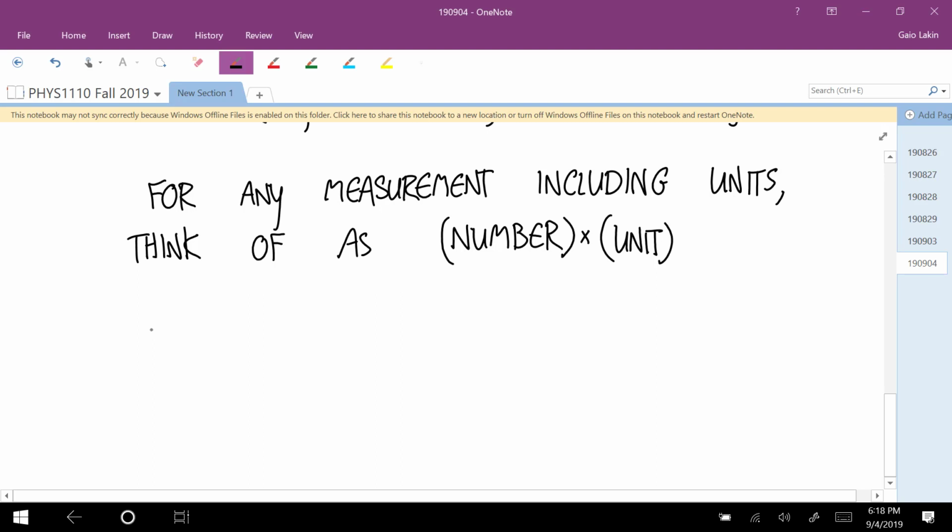So let's say, for example, that you want to convert 3.5 feet to inches.